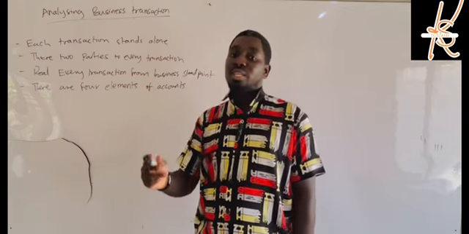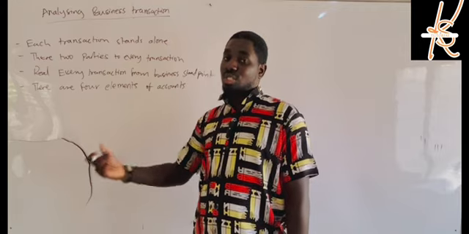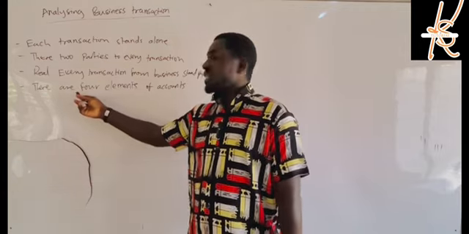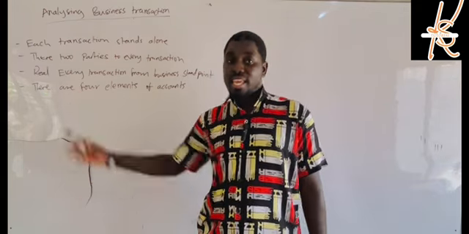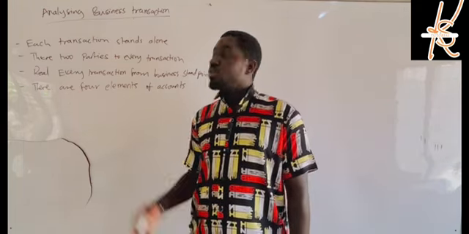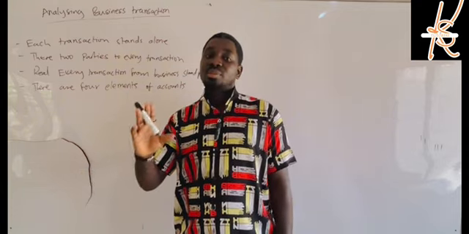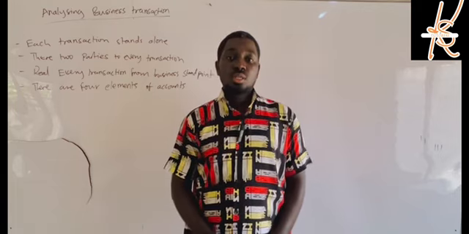Okay, 5,000 Ghana cedi cash. That is also cash, an asset. So you see, the two parties that we are talking about can be any of the four elements here. Every transaction has two parties, and the two parties can be any of the four elements of accounts.